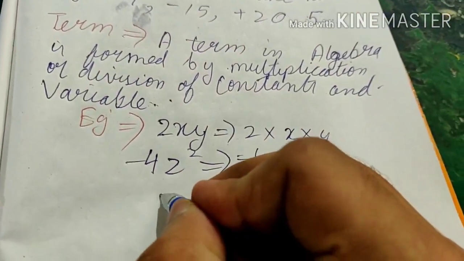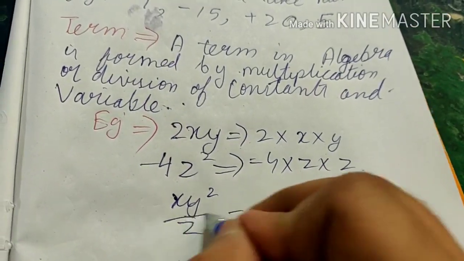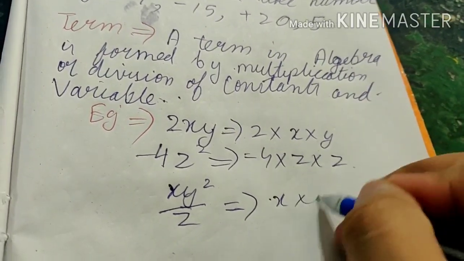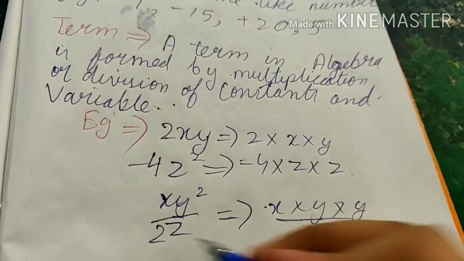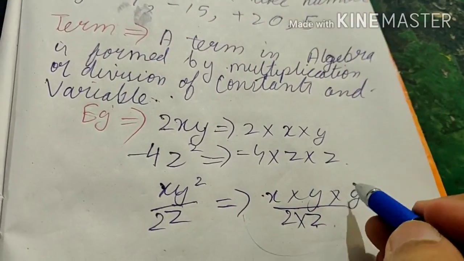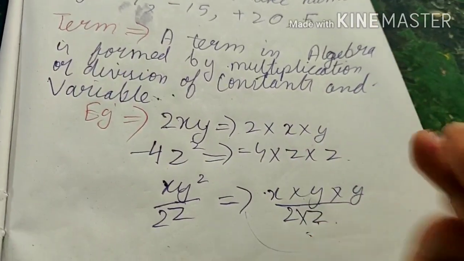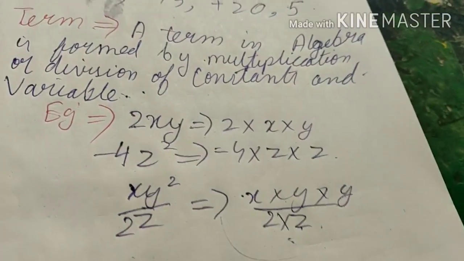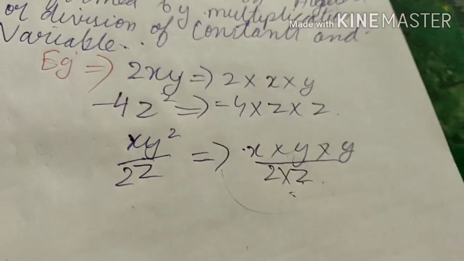Or xy square z upon z, that is x into y upon z. Take 2z, so 2 into z. So here these terms are in the form of multiplication and division. There is no addition or subtraction in this question. This minus sign does not show subtraction. This shows that number 4 is minus 4, it is in the negative form.